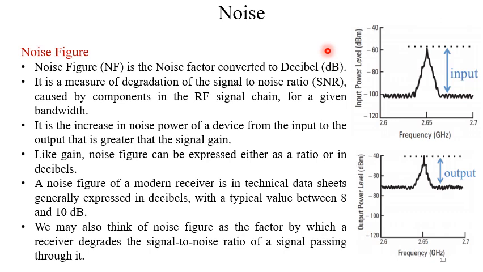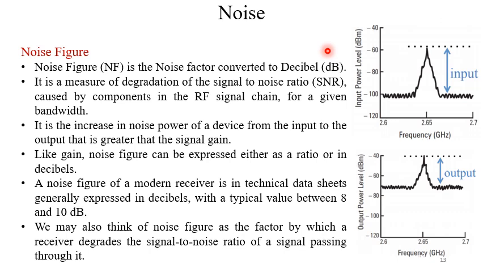Like gain, noise figure can be expressed either as a ratio or in decibel. The noise figure of a modern receiver is in technical data sheets generally expressed in decibel with a typical value between 8 to 10 dB.